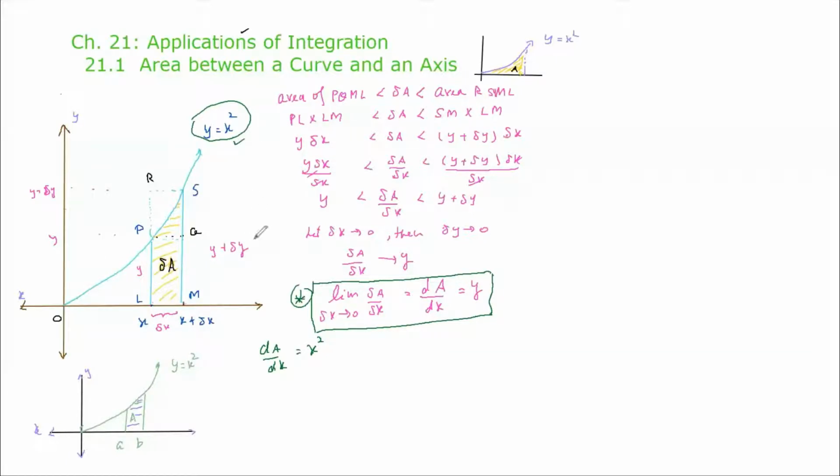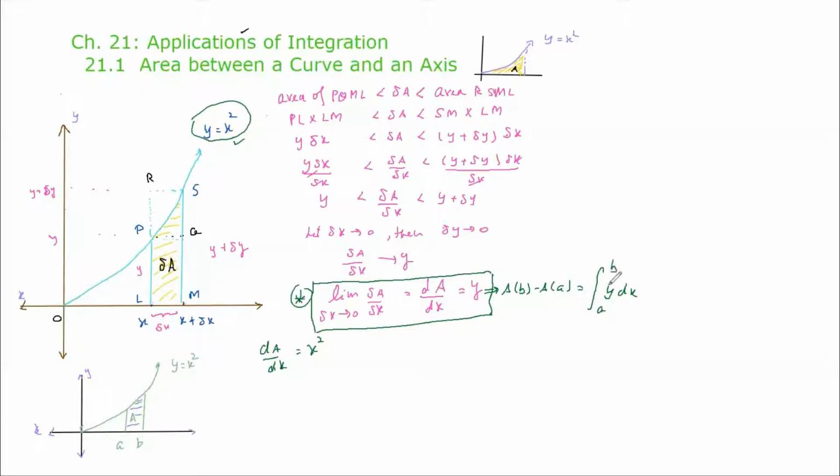Then from dA over dx equals y, we can imply that A of b minus A of a equals the integral of y dx, from a to b.